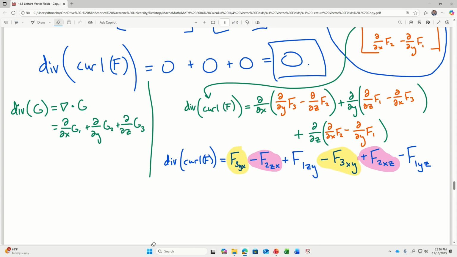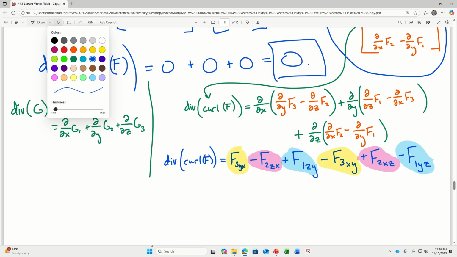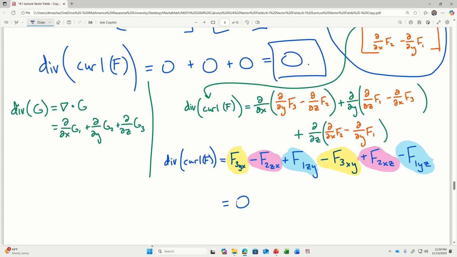And so now when I've expanded everything out, and you think about that, then you can see why these highlighted terms are going to cancel. When everything cancels out, the divergence of the curl of f is going to be 0.